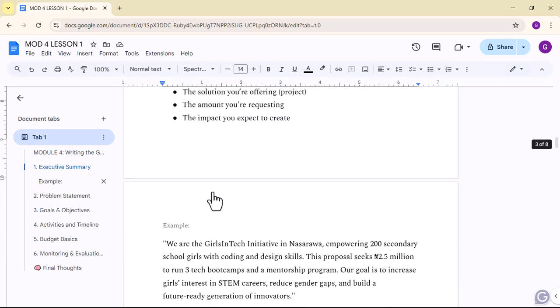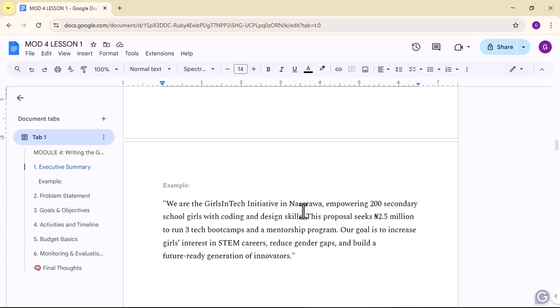Now I have an example here. Now look at this example. This example is talking about a Girls in Tech initiative in Nasarawa State. So it reads like we are the Girls in Tech initiative in Nasarawa, empowering 200 secondary school girls with coding and design skills.